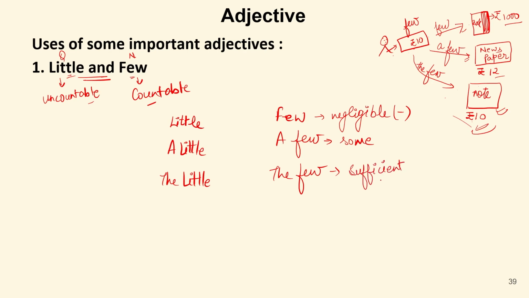That is, we have what we require or what we need. Same is the difference among little, a little, and the little. Little is used in a negative sense, that is negligible. A little is used for some, though in a positive sense, and the little is sufficient.